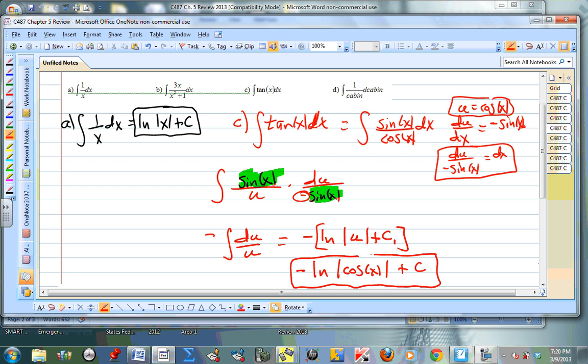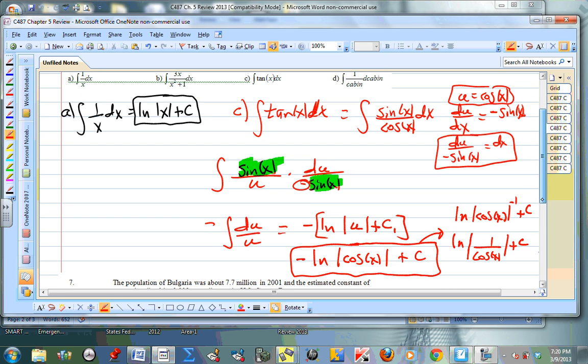Little warning though, what you might see in some multiple choice type questions is they take this negative 1 and bring it up using the properties of logs and call this natural log of cosine of x to the negative first power plus a constant. And cosine to the negative first power, well, that's the reciprocal of cosine, 1 over cosine, plus a constant.